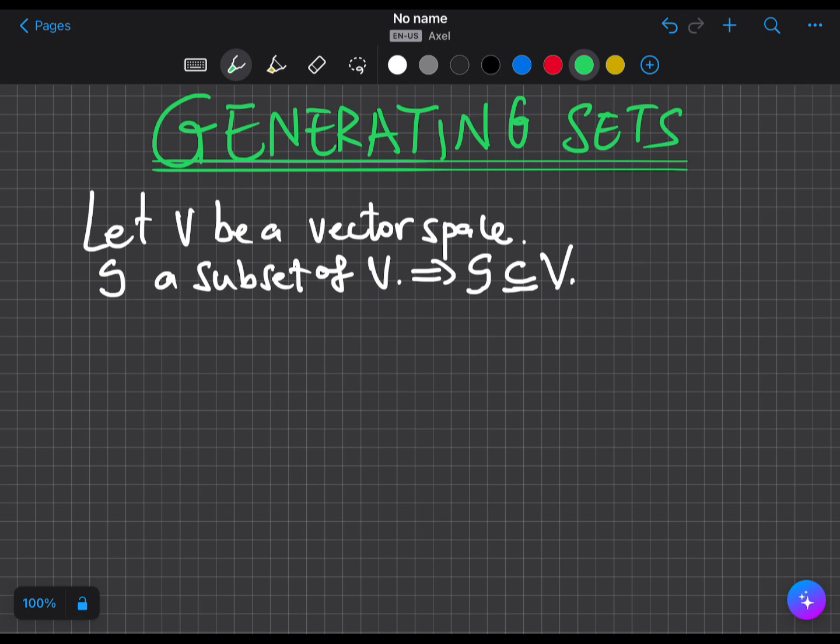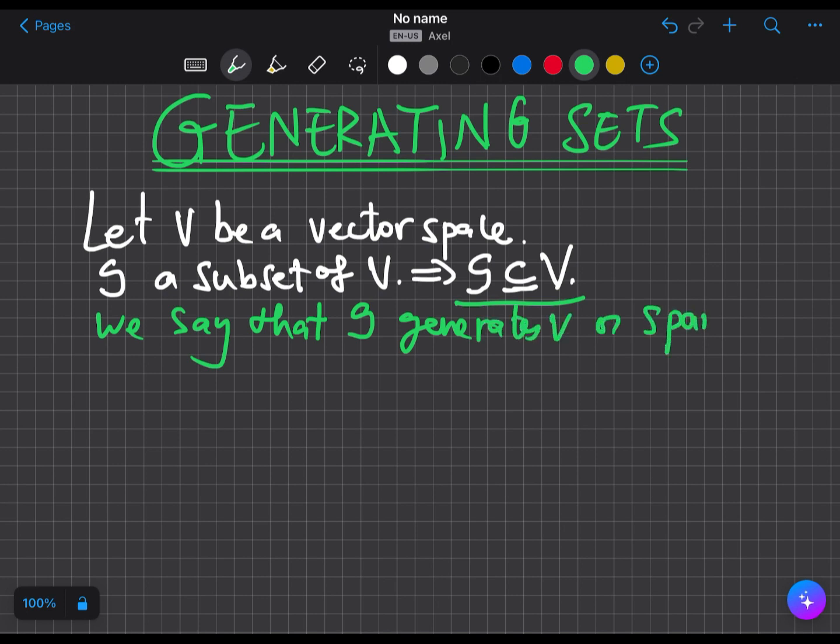Let V be a vector space and S a subset of V. We say that S generates V, or spans V, if and only if span of S equals V, right?